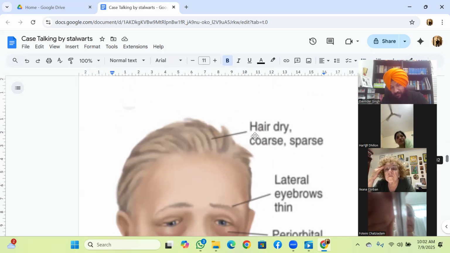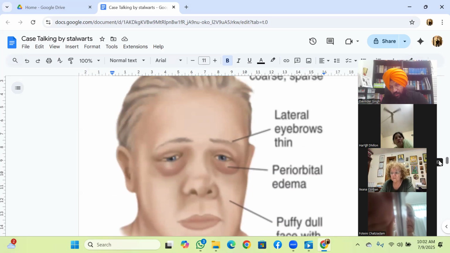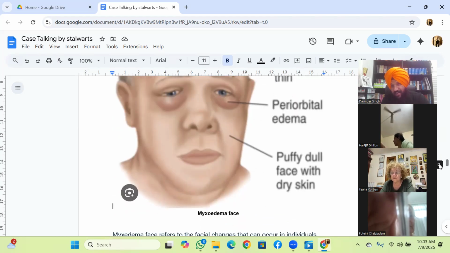This is the myxoedema phase. First sign, the hair is dry, coarse, and sparse. The lateral part of the eyebrow becomes thin. Periorbital oedema: the lower portion of the eye has oedema. And a puffy, dull face with dry skin.